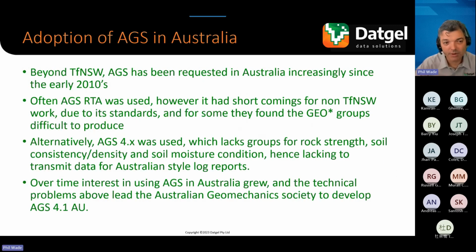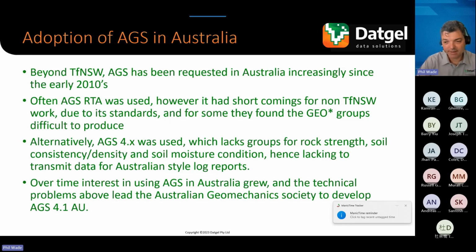Now, beyond New South Wales, AGS was used in other states. Sometimes people in other states would use AGS RTA format because they had the system set up for it. I certainly observed that in Western Australia and Victoria. Sometimes AGS 4 was used.